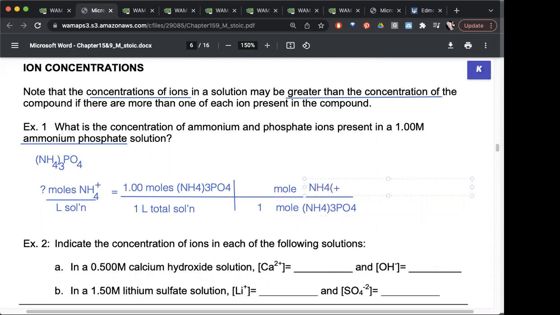For every 1 mole of ammonium phosphate, we want to figure out how many moles of NH4 plus. Is that clear? Well, you can see from the compound, there are 3 ammonium ions for every 1 formula unit of ammonium phosphate. So that means in this solution, we will have 3, sorry, let me keep my sig figs, 3.00 molar NH4+.